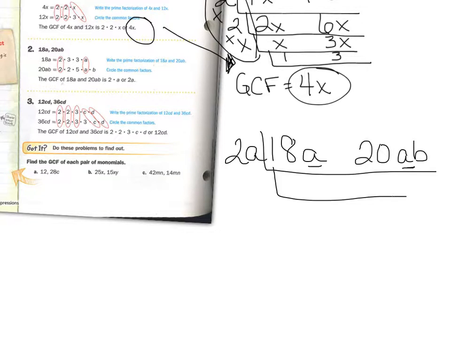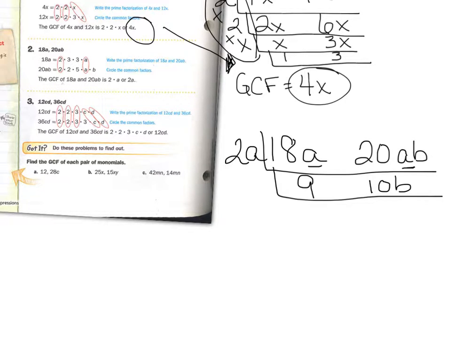So how many times does 2a go into 18a? Well, I think that is 9, because you always know if you're correct if you multiply. 2a times 9 is 18a. That should be correct. 2a goes into 20ab 10b times.